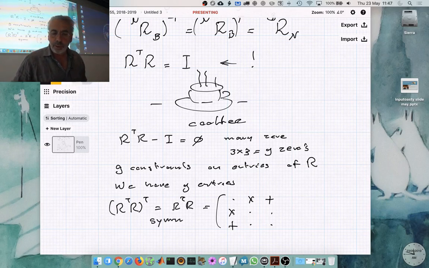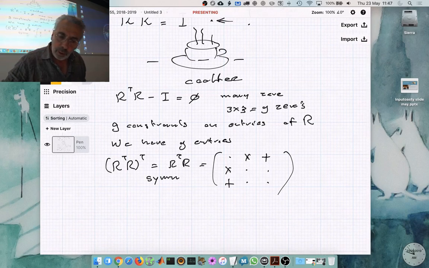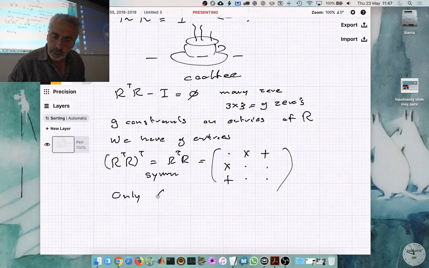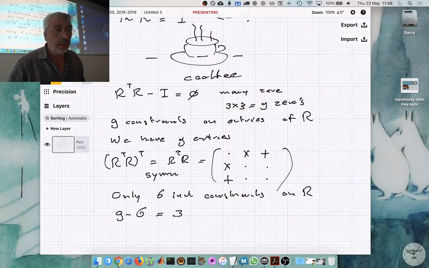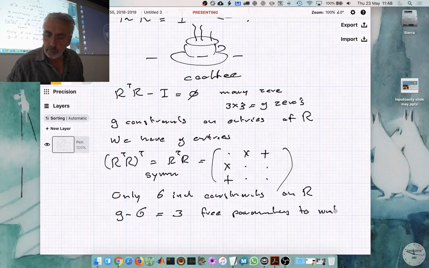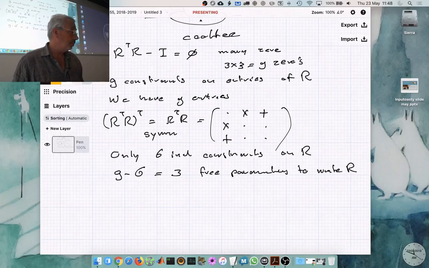So if the thing is symmetric, then I only have 1, 2, 3, 4, 5, 6. So I have only 6 independent constraints on R. And then 9 minus 6, meaning I have 3 free parameters to write R. And of course, what are these free parameters?